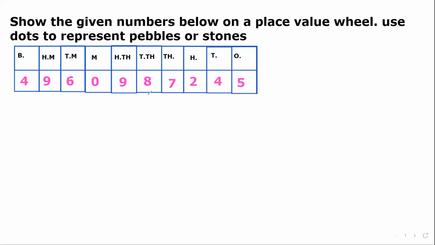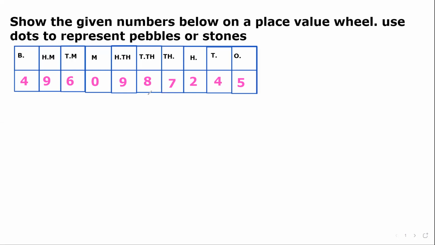Example: show the given numbers below on a place value wheel. Use dots to represent pebbles or stones. So the question here, the numbers are 4, 9, 6, 0, 9, 8, 7, 2, 4, 5.